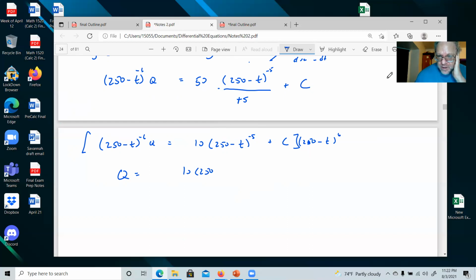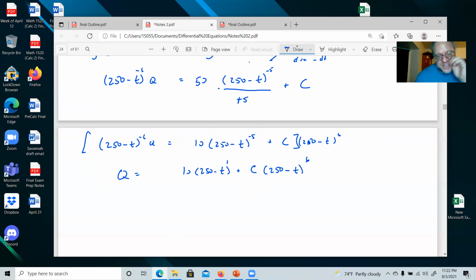I would recommend multiplying this out. It's not going to hurt anything, but you don't have to.